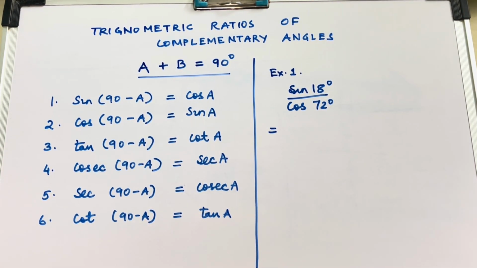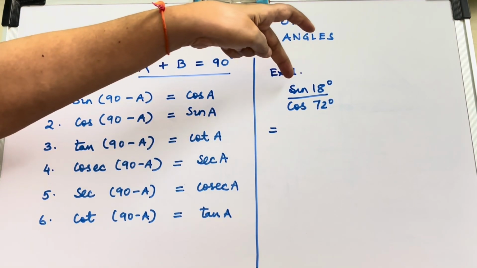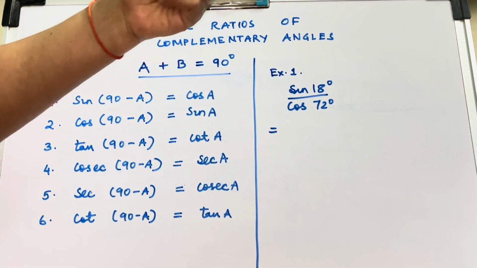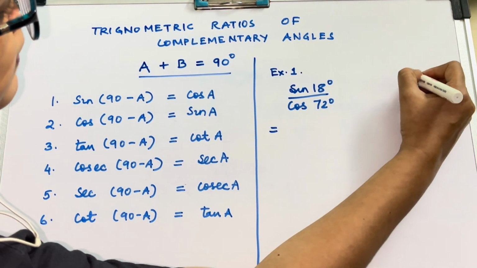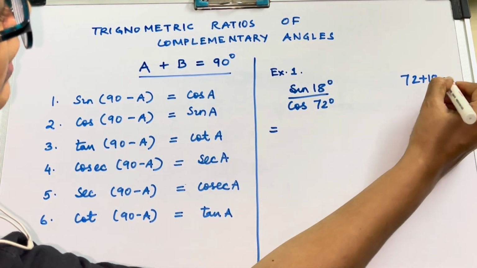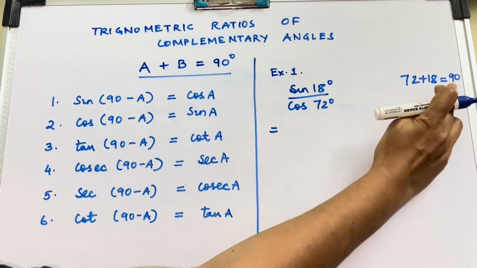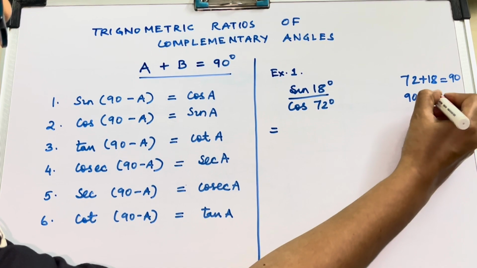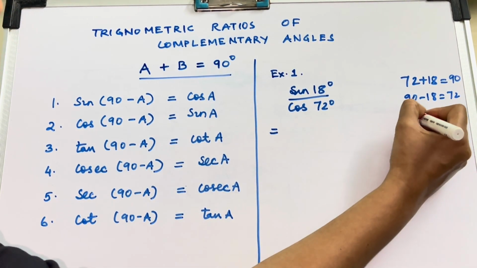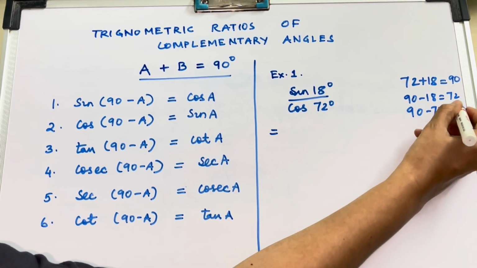The trick is that either the sin or the cos, you change into the complementary ratio. Now 72 plus 18 is equal to 90, so either you can take 90 minus 18, which will be 72, or 90 minus 72, which is 18.